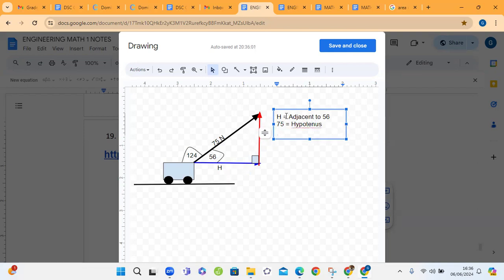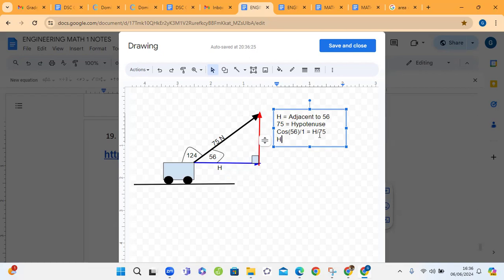So this takes us now to cosine. Cosine of 56 over 1 is equal to H, which is the adjacent, over 75. So we've got to cross multiply.